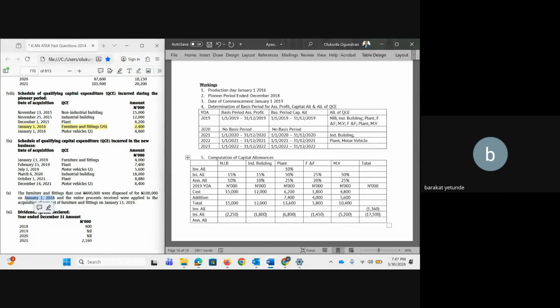That's 1,275. 1,020 naira. Furniture and fittings, 870. 1,700. Motor vehicle, 1,300. Total value.